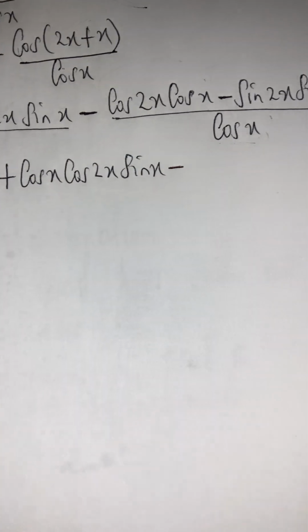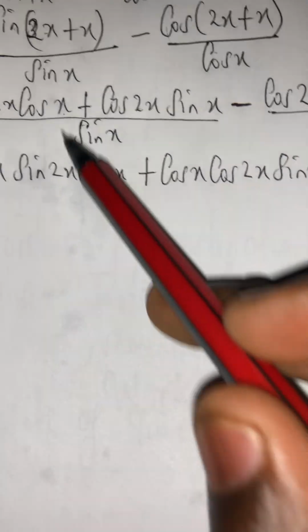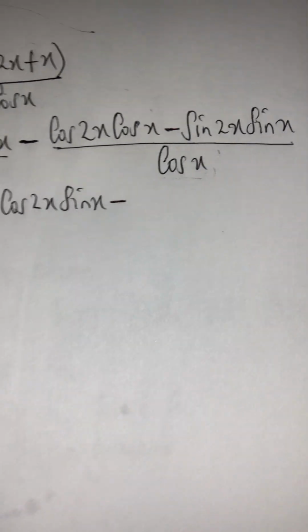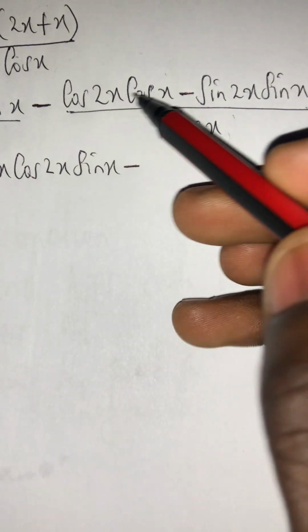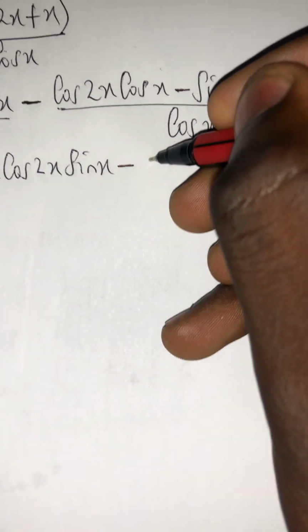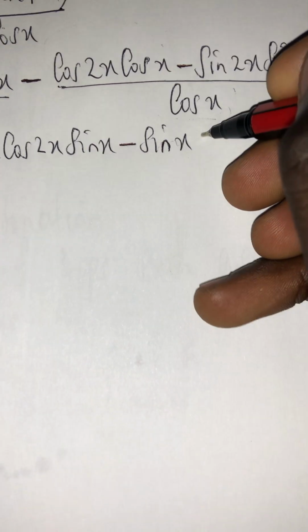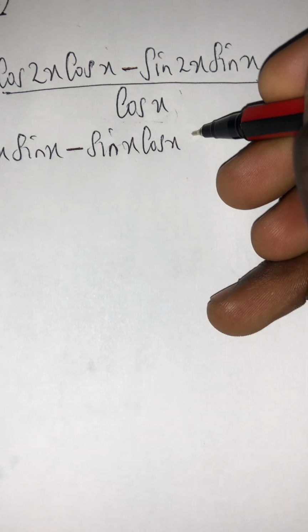Then we have minus. Okay, I'm going to multiply now what is on the denominator here, multiply by what is on the numerator there. So I'm going to say sine x multiplied by cos 2x cos x. So this will be equal to sine x cos x cos 2x.